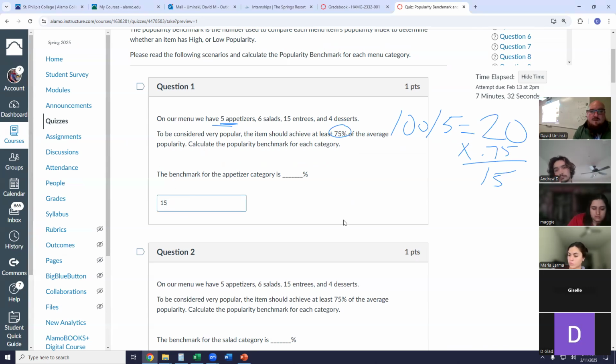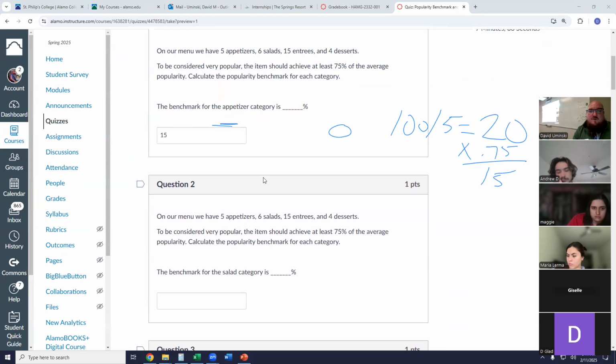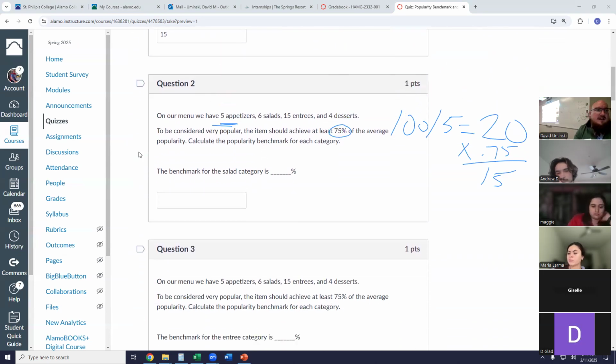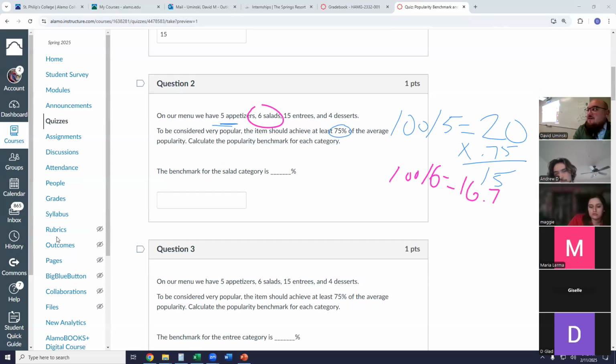Then we come down here to question number 2. And instead of appetizers, now we're going to do salads. So 100 divided by 6 is how much? 16.66, so 16.7.